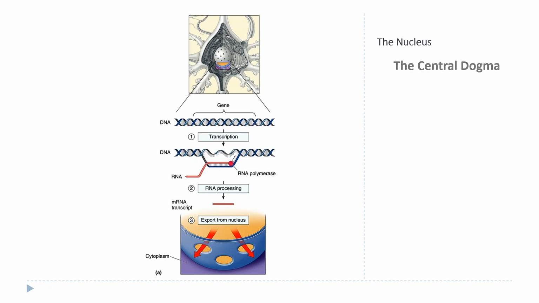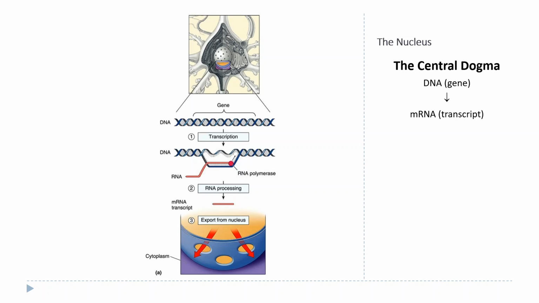So this process of gene expression, turning a gene into a protein, is called the central dogma. So again, the DNA, or the gene, is a DNA sequence that's part of a chromosome, and that gene gets transcribed into an RNA copy of one of the strands.